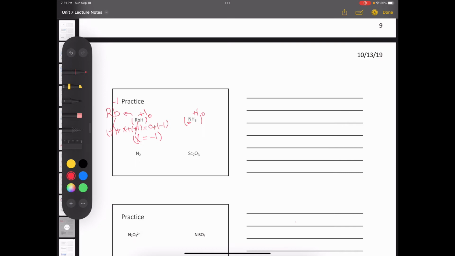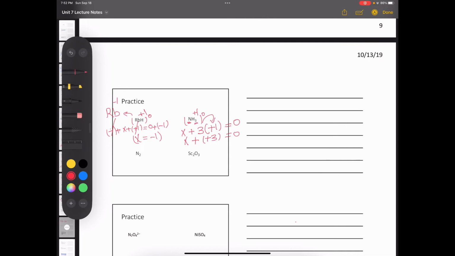So for the nitrogen, I'm going to refer to that one as X, plus I have 3 of the hydrogen based on the subscript. So I have 3 times positive 1, and that would be equal to 0. So X plus positive 3, right? Because 3 times positive 1 equals 3, and that would be equal to 0.